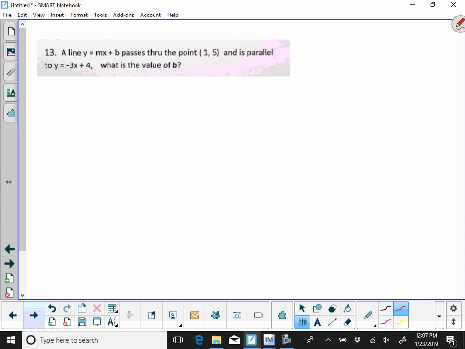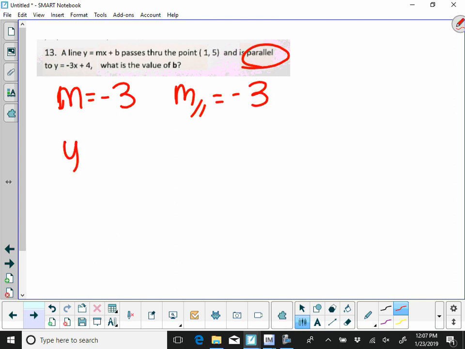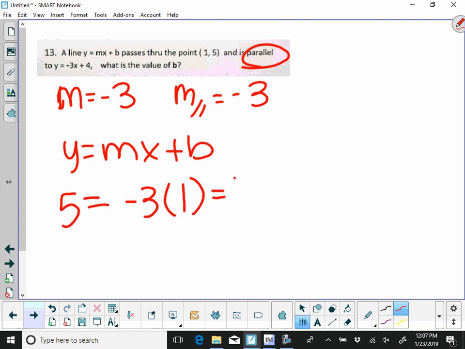Okay, so then number 13, again, it's already in slope-intercept form. So right now our slope is negative 3, and this one says parallel, so that means our slope is going to stay the same. So using y equals mx plus b again, our y value is 5, our m value is negative 3, our x value is 1, and we're looking for b.